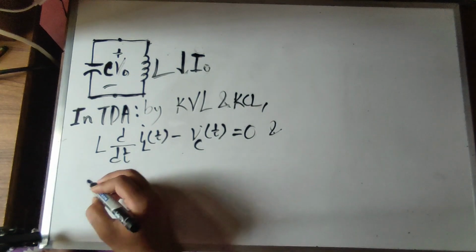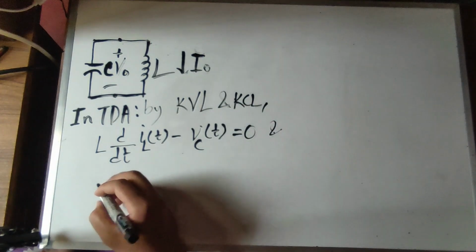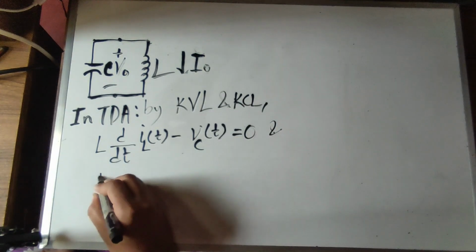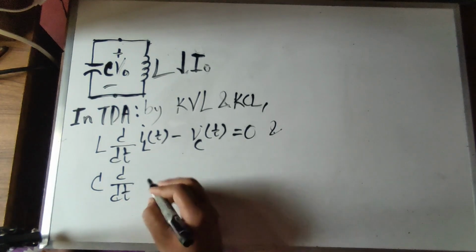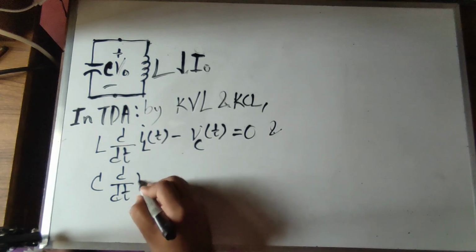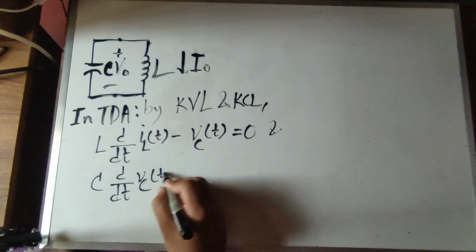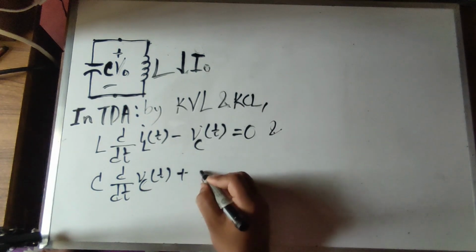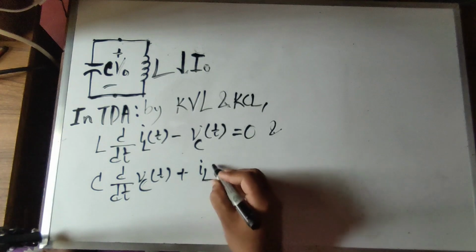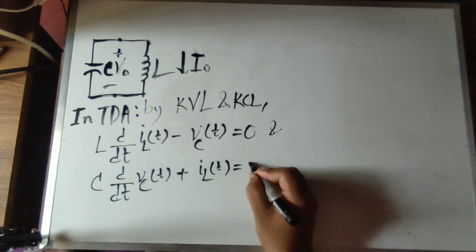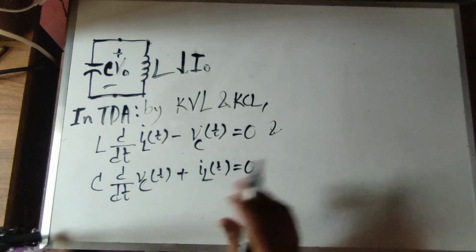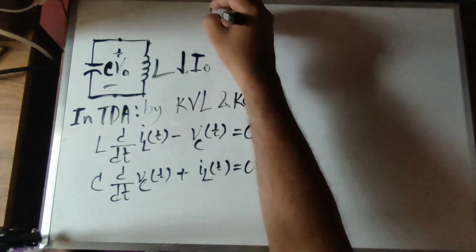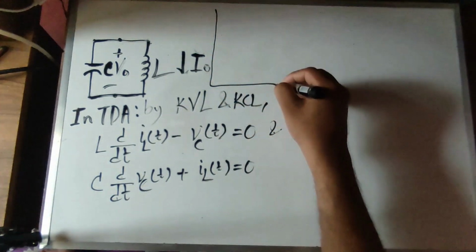And by KCL, C d/dt of v_C(t) in time domain plus i_L(t) equals 0. So we have got our two equations for the analysis.